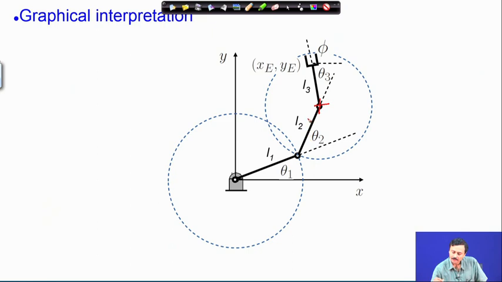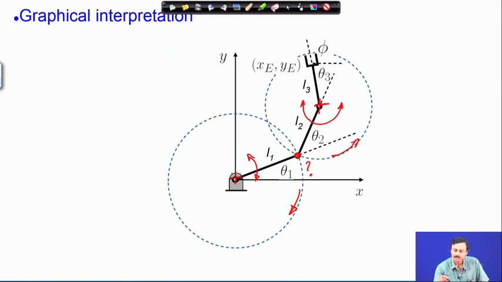I can then rotate L2, the link L2, about this fixed point, and similarly L1 can be rotated about this fixed point to find out where this hinge lies. So, this is the circle on which this hinge on L2 moves, and this is the circle on which the hinge on link 1 moves. Therefore, the intersection points are the possible solutions.